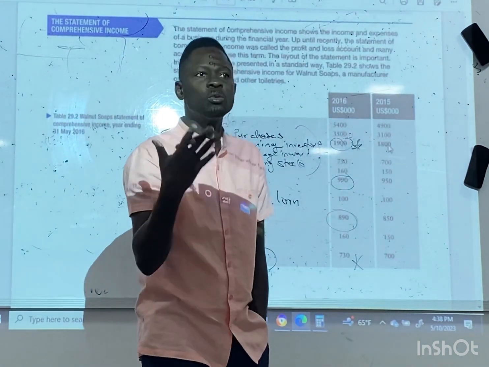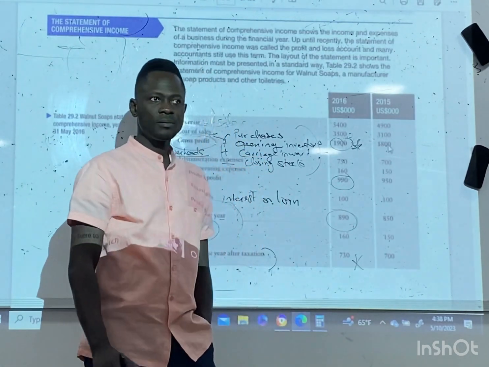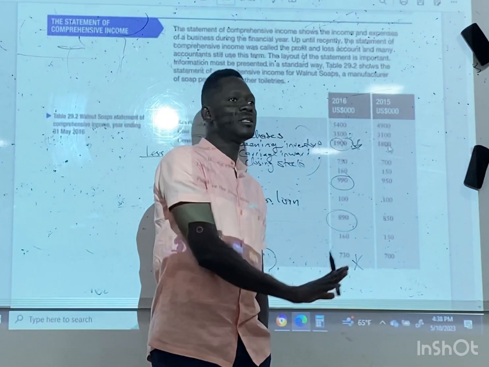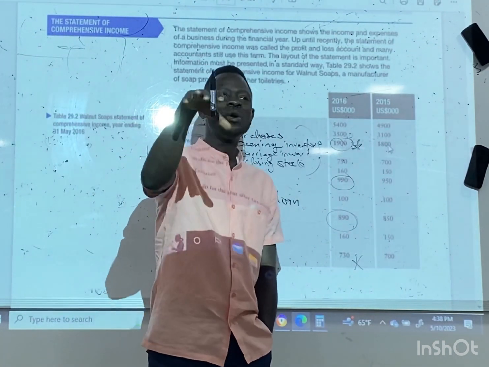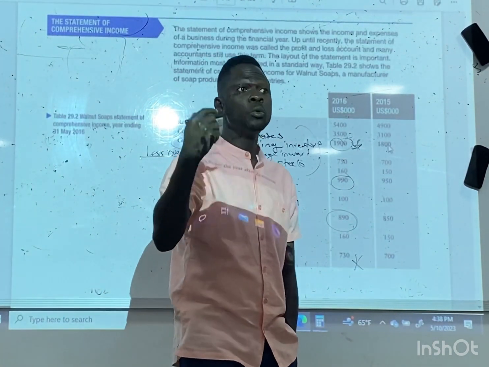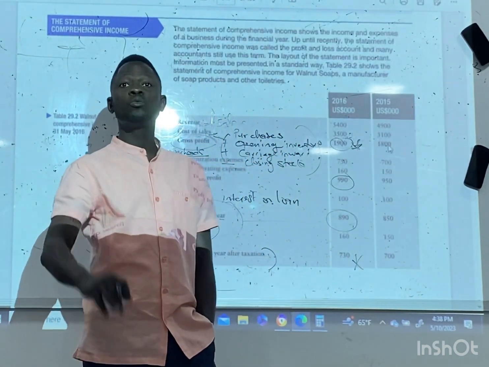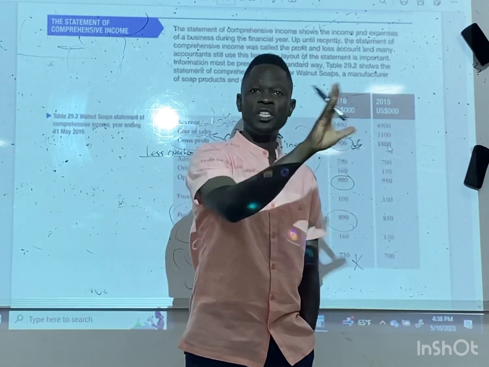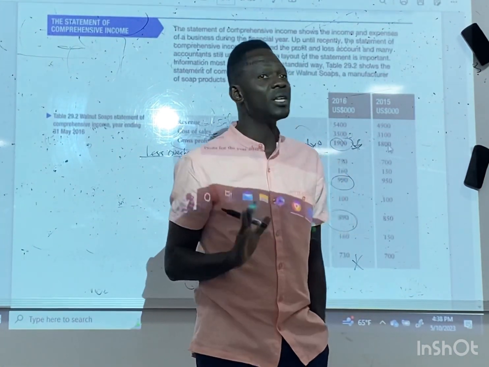That is the record you show to government before government taxes you. Then as soon as you pay your taxes, whatever is left can be distributed or retained. It will be distributed because you have to pay your shareholders dividends. It will be retained if you are not paying shareholders.